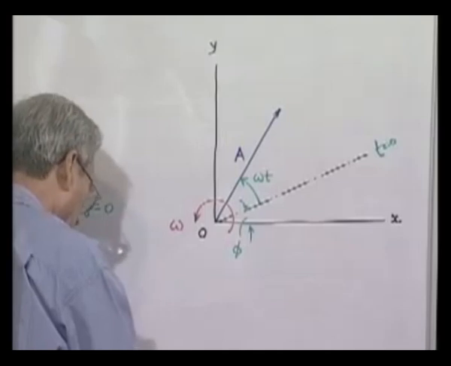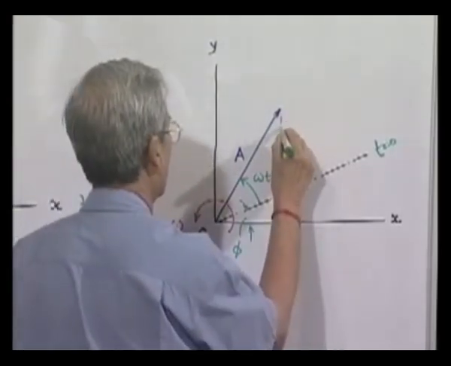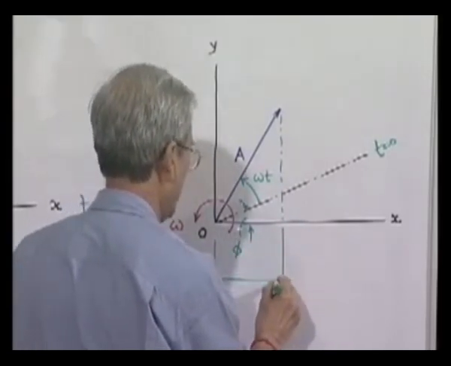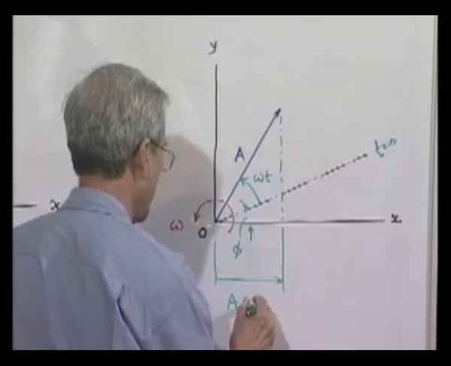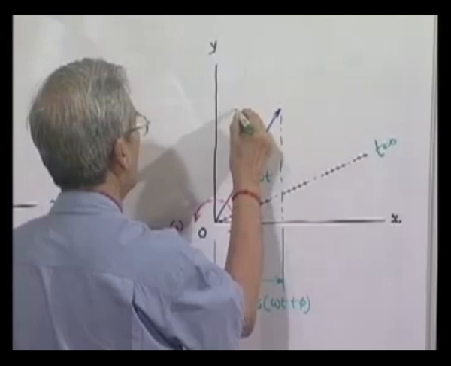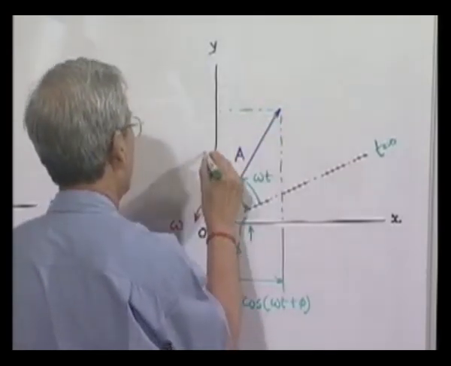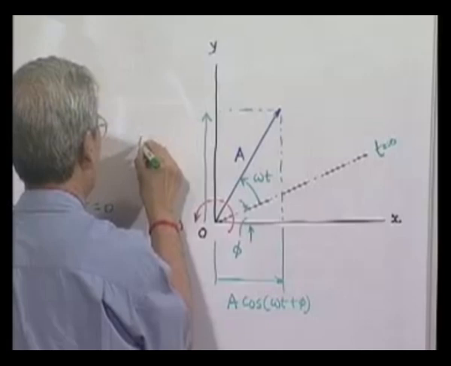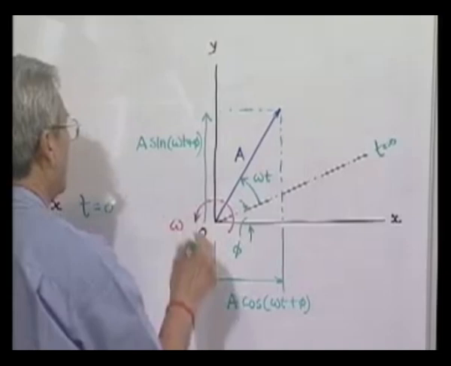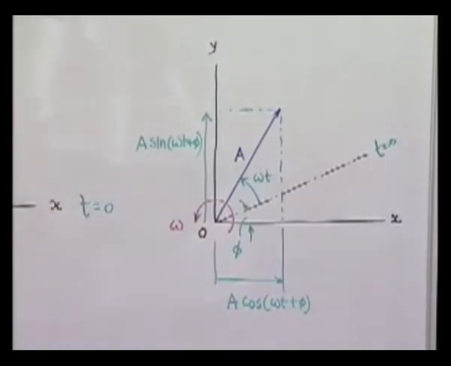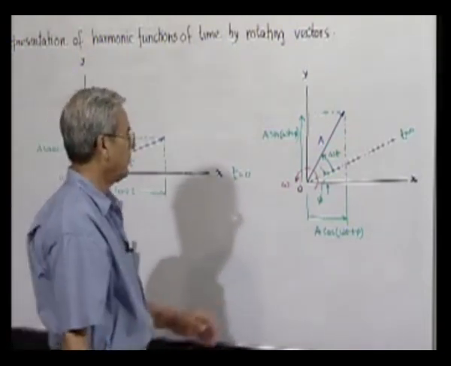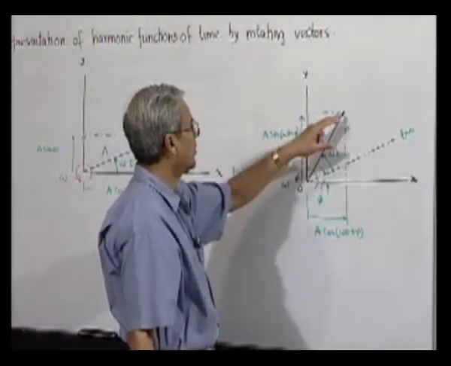Now the x component and y component: this is the x component which is A cosine omega t plus phi, and this component is A sine omega t plus phi. So the general representation of a harmonic function of time can be done by taking the projections of a rotating vector.